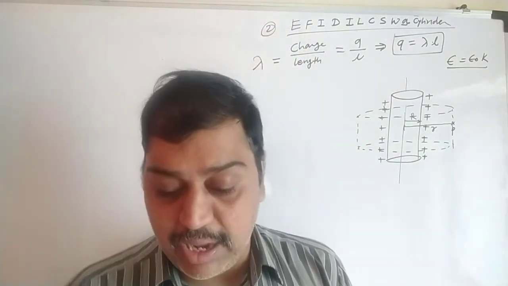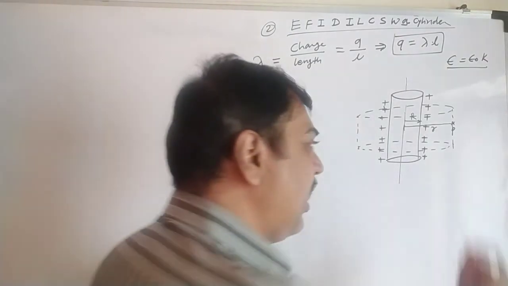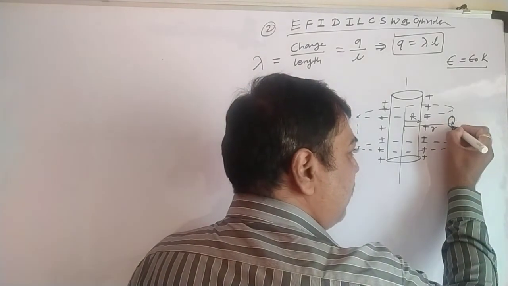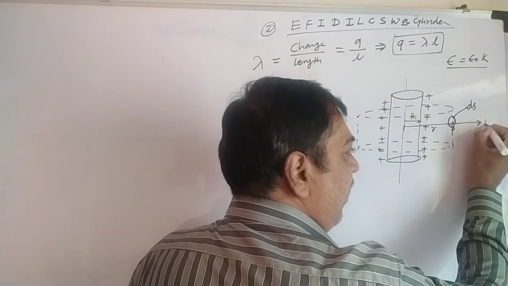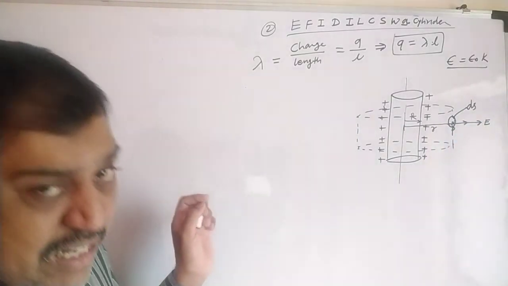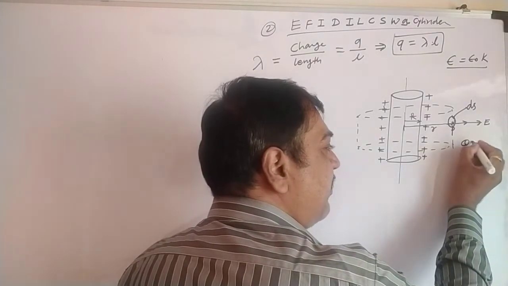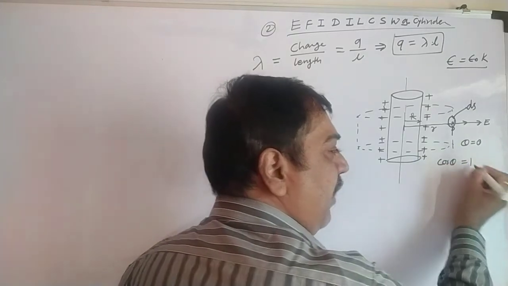Now how can we find it out? As we know, again just take a small area ds such that this point P comes on this area ds. Draw the electric field vector and another line perpendicular to area ds. Again here theta is 0. If theta is 0, cos 0 is what? Cos theta equals 1.